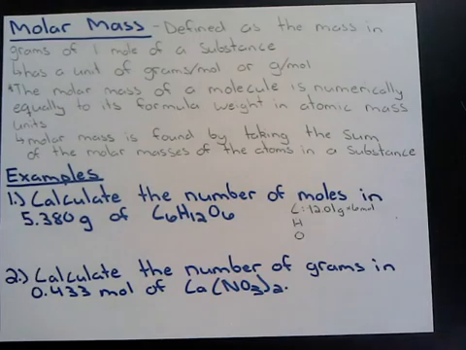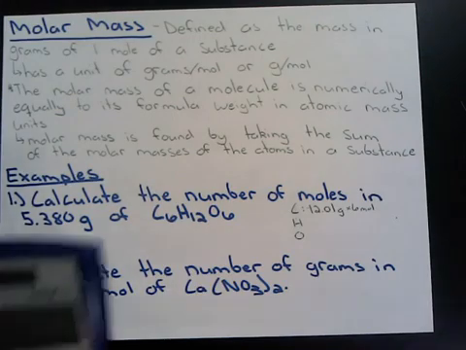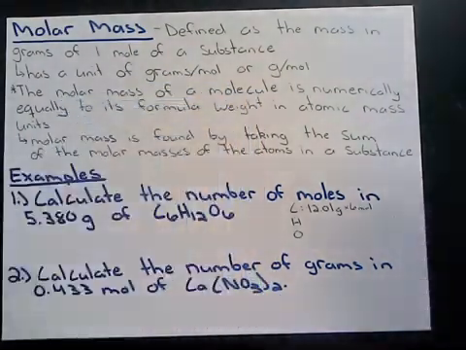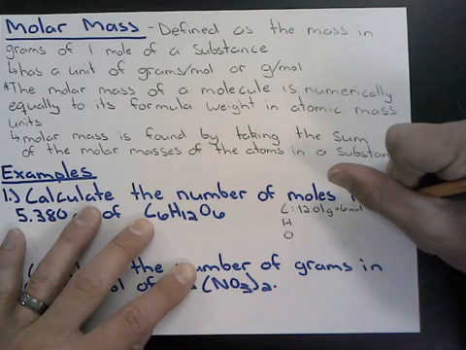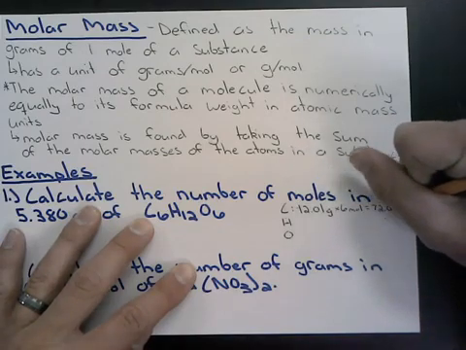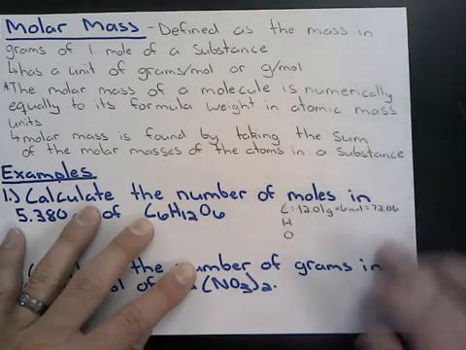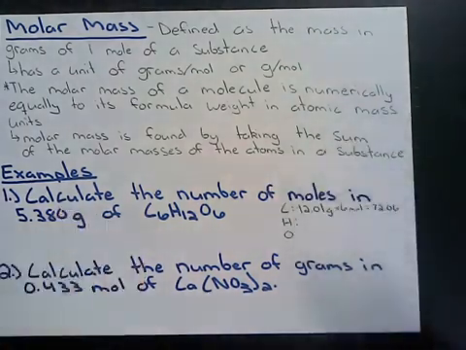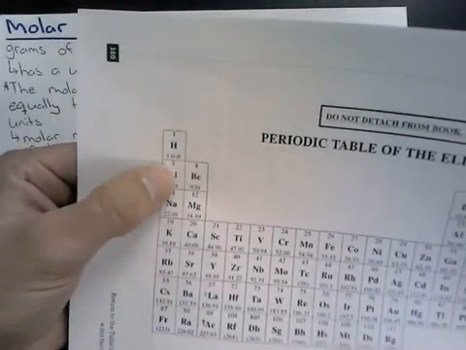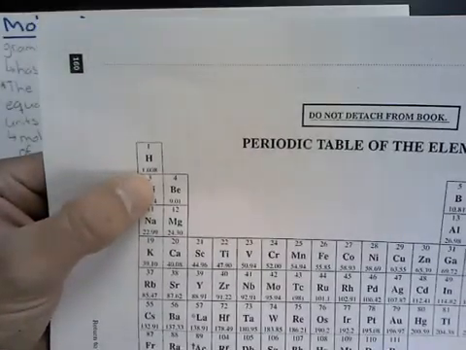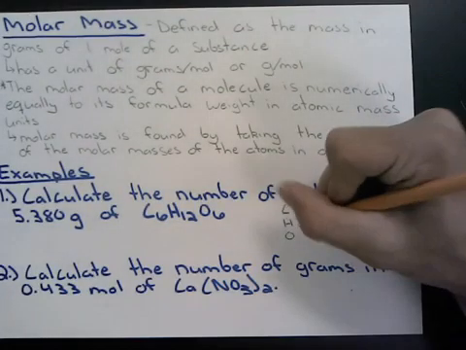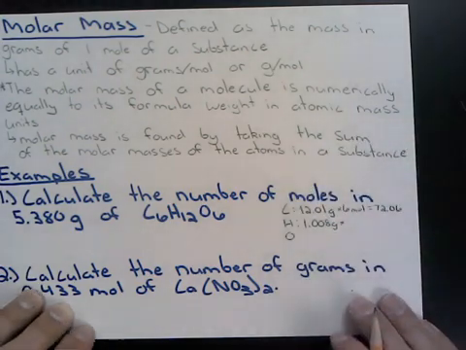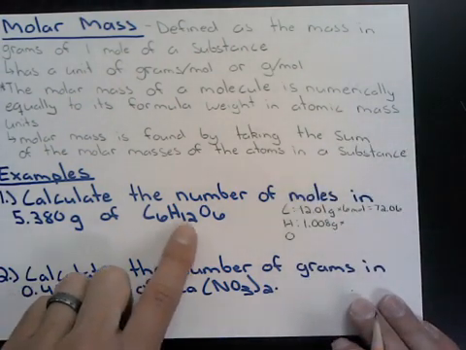And we could calculate that out. If you put in your calculator 12.01 times 6, you get 72.06, and that would be grams per mole. Not a space there, so I'm not going to squeeze it in. We do the same thing for hydrogen. We find the atomic mass for hydrogen to be 1.008 grams, times the number of moles of hydrogen, which is equivalent to the number of atoms here.